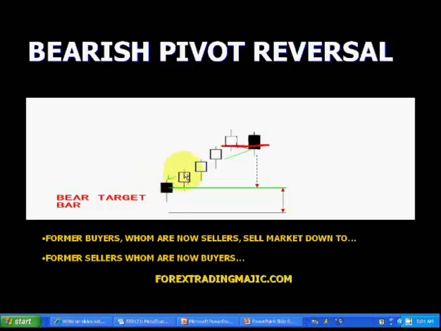So now if this bar had made the highest high, it would be the swing bar, and then this reversal bar would have to close beyond the lower body, the bottom of the real body of this bar, in order for it to qualify as a swing reversal bar.